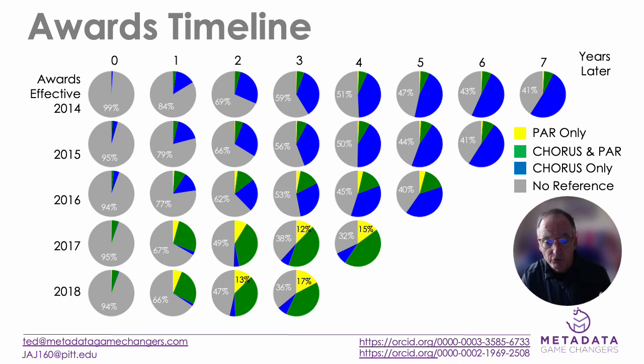So this indicates success in the use of and compliance with NSF requirements to submit published research results to PAR. That's a good example, and it clearly is a big difference between awards in 2014 and through 2018.